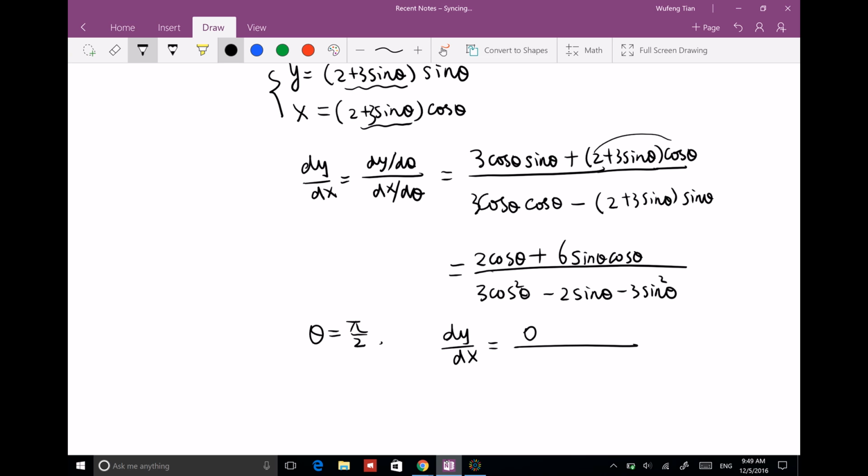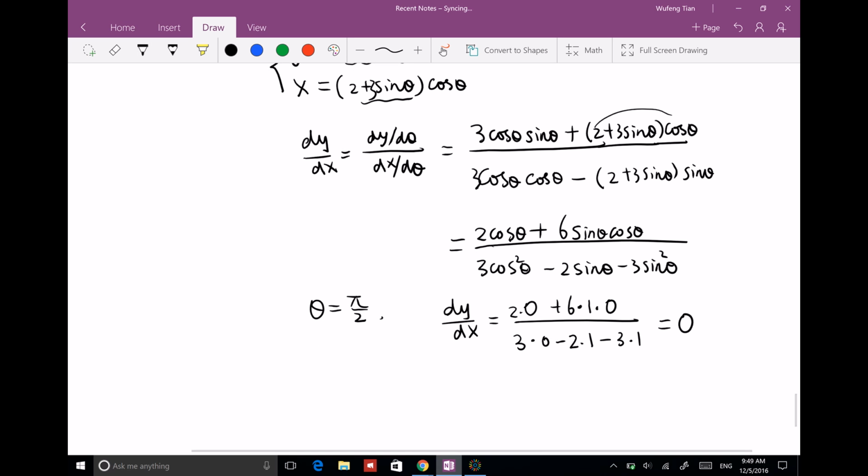So it's 2 times 0 plus 6 times 1 times cosine pi over 2, which is 0. And the bottom is 3 times 0 minus 2 times 1 minus 3 times 1. Well, you got 0 on top, it's not a big problem. Because cosine is 0, the whole thing is 0.